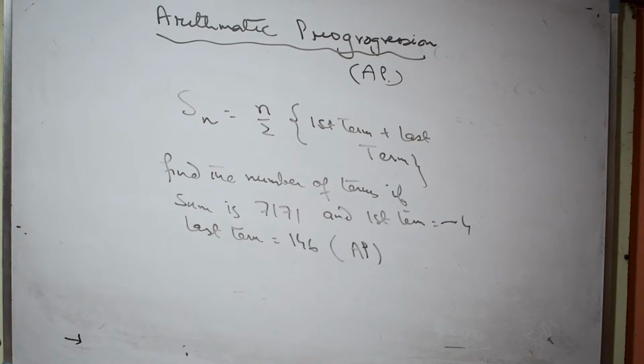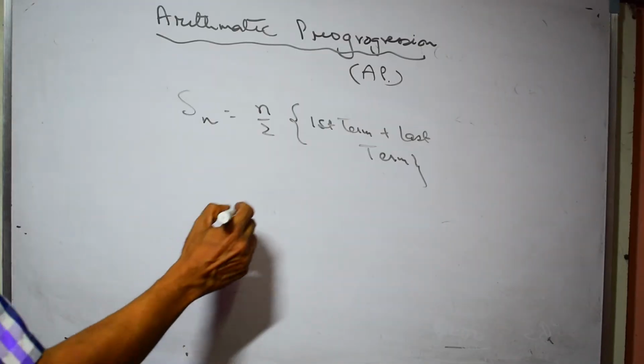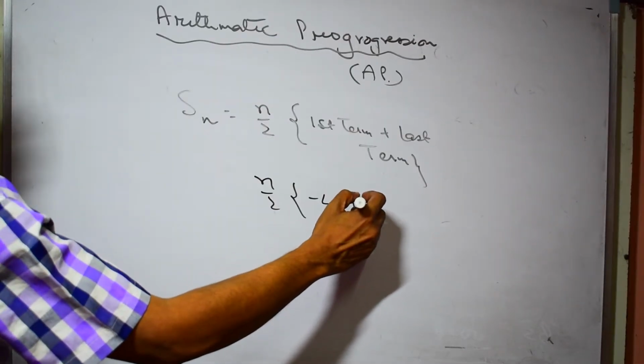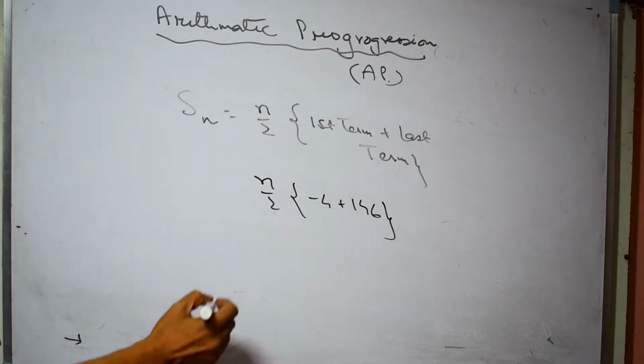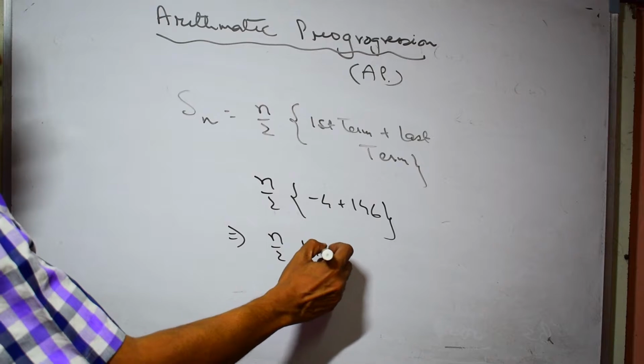So we have the formula n by 2. We don't know n, so if we keep n by 2 into minus 4 plus 146, it comes to n by 2 into 142.